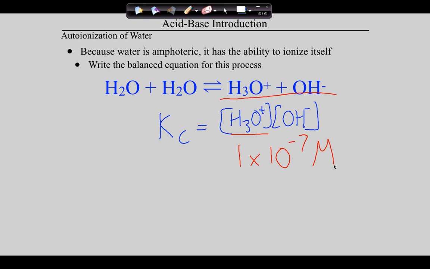Because when water ionizes itself, there's nothing there but water. And water does that naturally, and it achieves a molarity of 1 × 10⁻⁷ molar hydronium ion. And hydroxide too, but pH is hydronium. And so, guys, this is why water has a pH of 7, because just sitting there all on its own, its concentration of hydronium ion is 1 × 10⁻⁷.